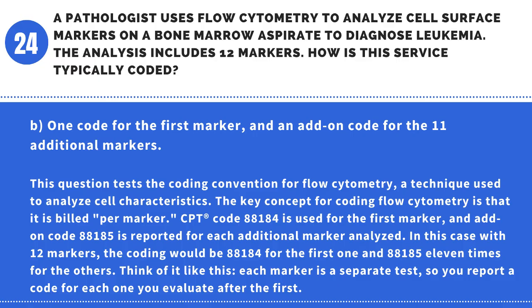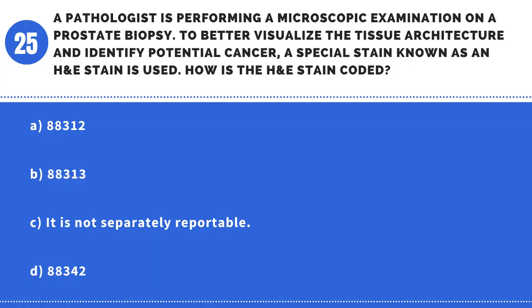In this case with 12 markers, the coding would be 88184 for the first one and 88185 11 times for the others. Think of it like this: each marker is a separate test, so you report a code for each one you evaluate after the first.